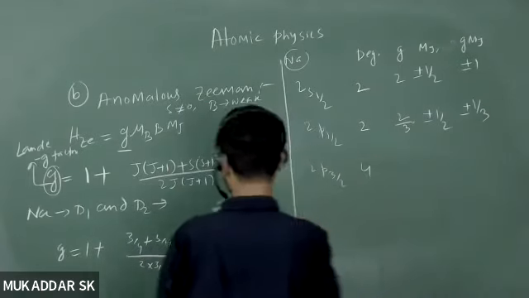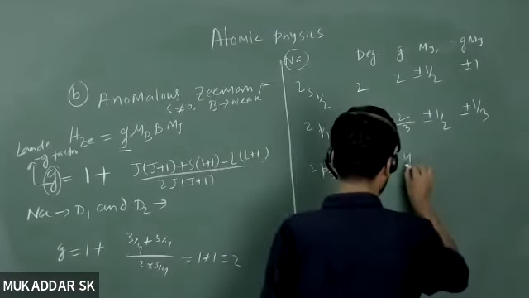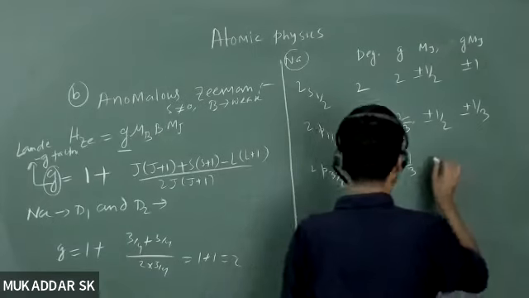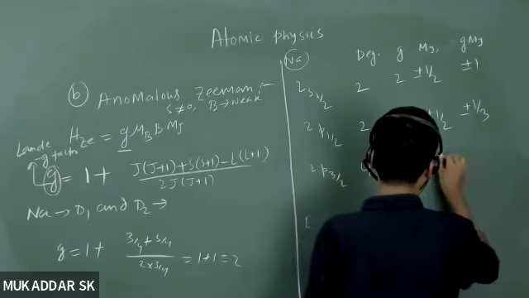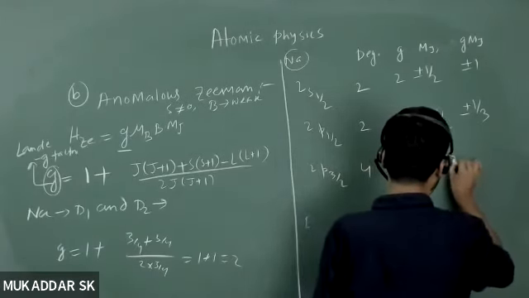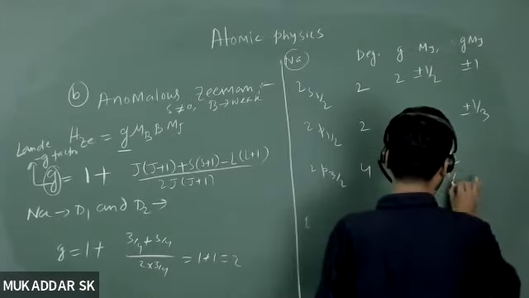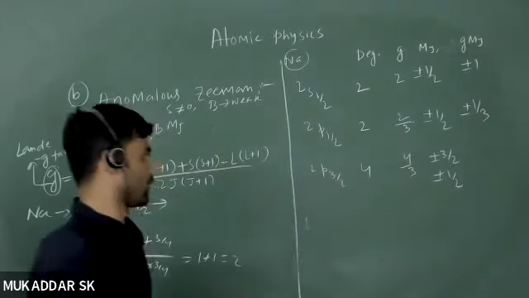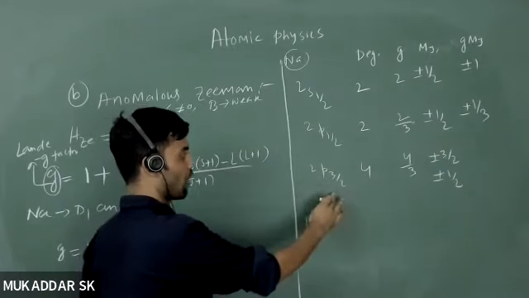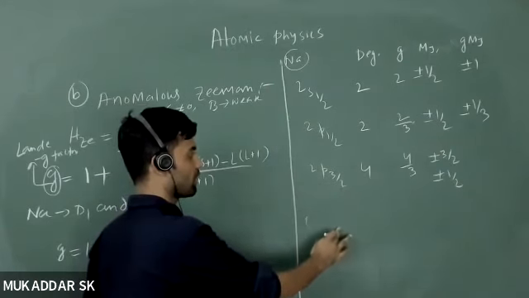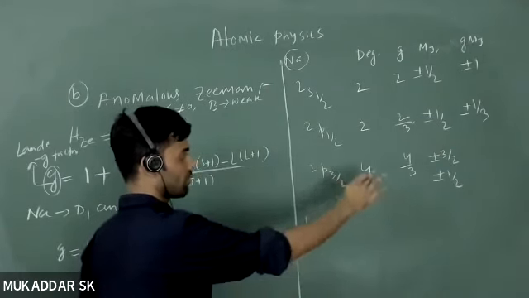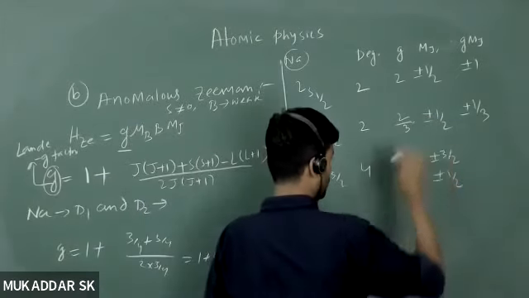For 2P3/2, the degeneracy is 4, from 2j plus 1. If you calculate the g factor again using the same formula, you will get 4/3. And mj can be 3/2, half, minus half, minus 3/2; I have written 3/2 and minus 3/2 in a single form.